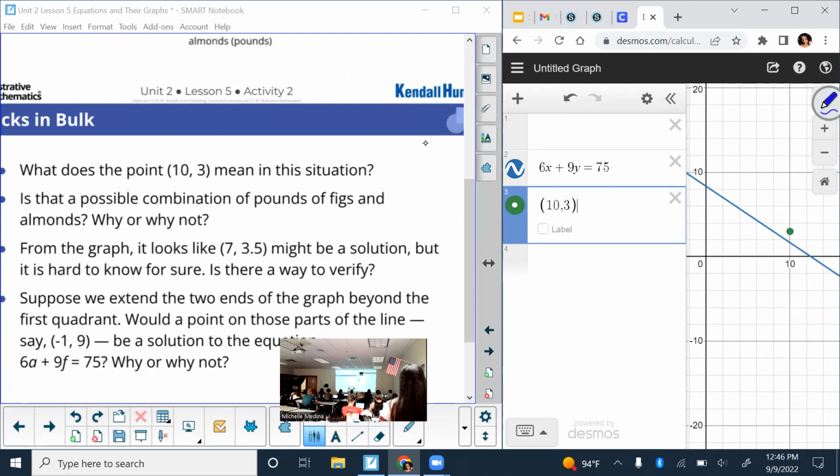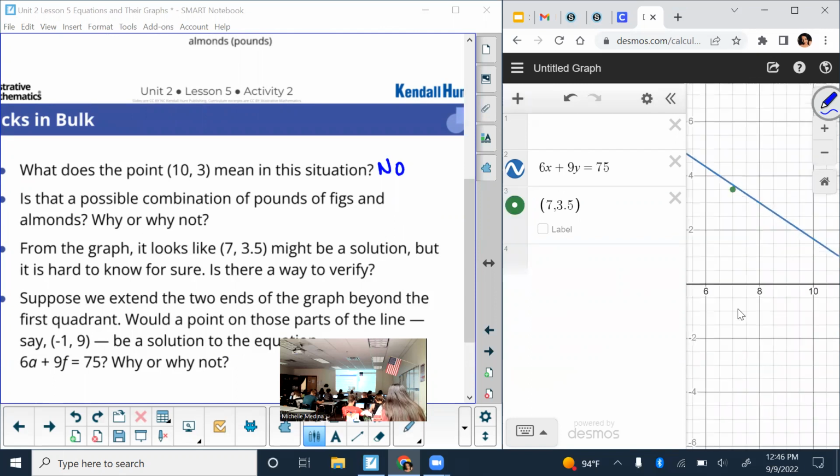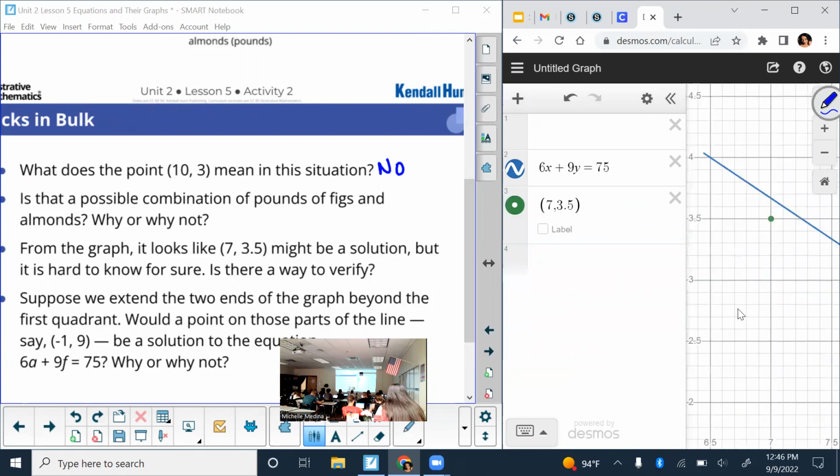No. Is 7, 3.5 a solution? That looks like it's on the line, is it? Why don't you zoom in and know for sure? No. It is not on the line, so that is not a solution.